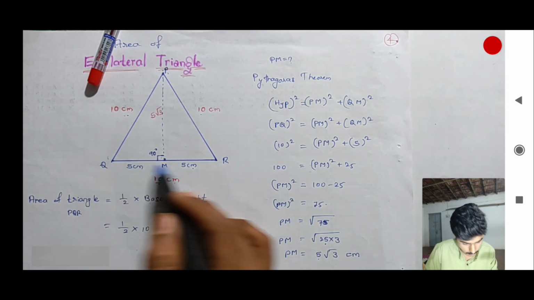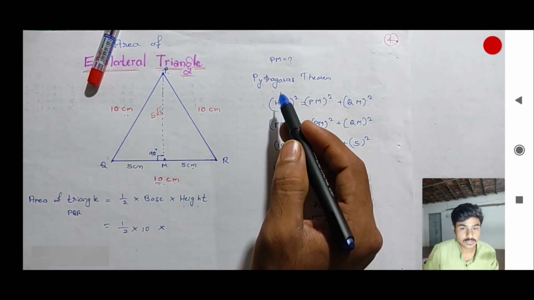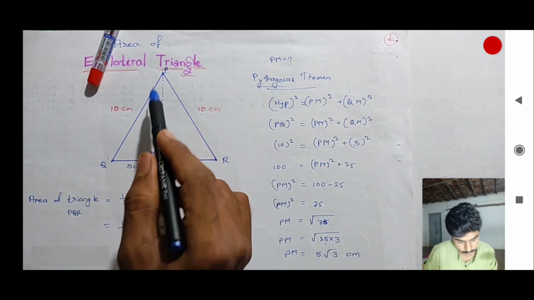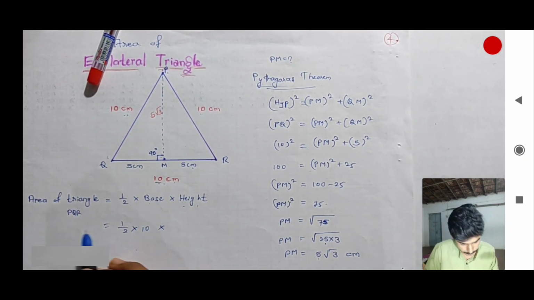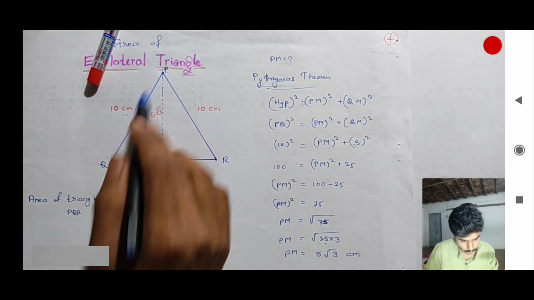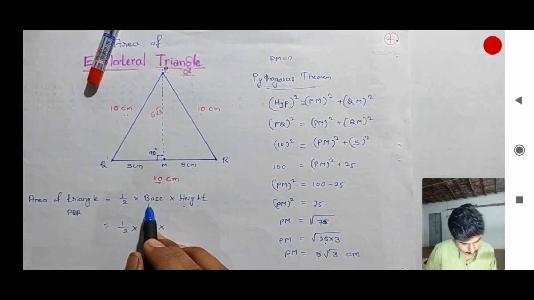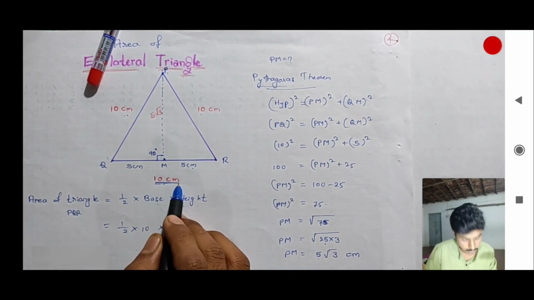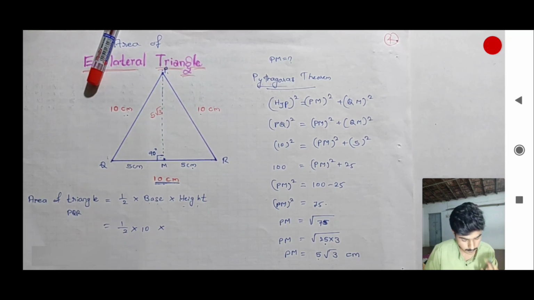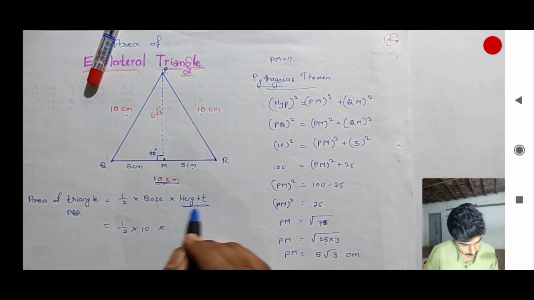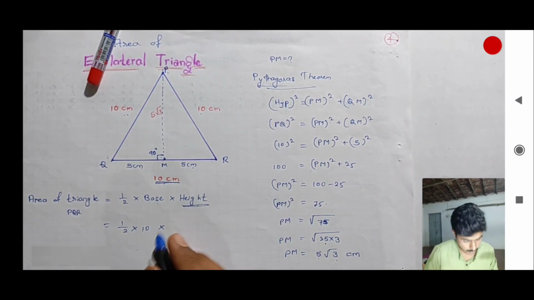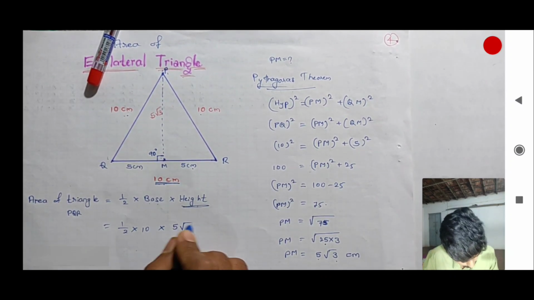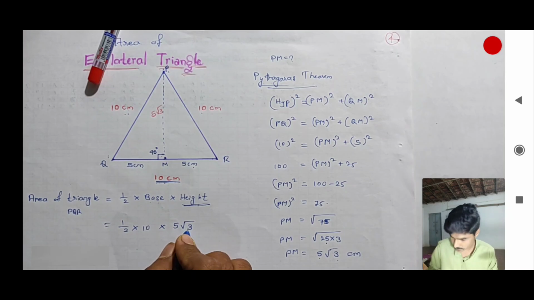Now we are taking this whole triangle, but in Pythagoras theorem we just took this PMQ triangle, but here we need to take this whole triangle. So I write this base value as 10 centimeter and not 5 centimeter. Keep it in mind. And height, means PM, the value came out as 5 root 3. Let me substitute this here also. 5 root 3. Okay.